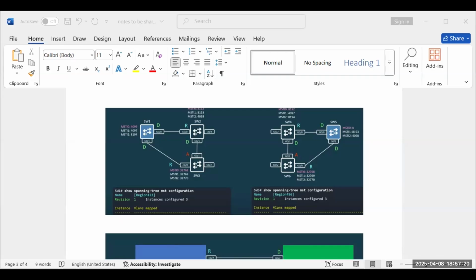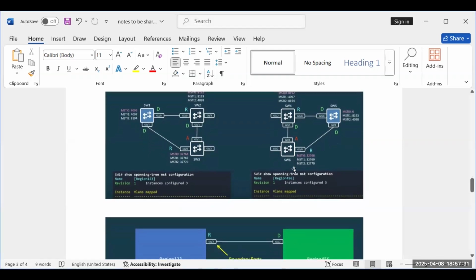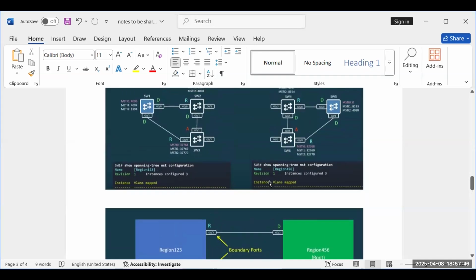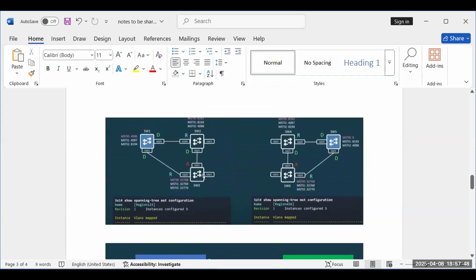So what is going to happen here is, we have already split the VLANs, right? Now the logical representation will look like this. Region 123, region 456, and these are the ports connecting the switches. These gigabit interfaces are connected to each other.